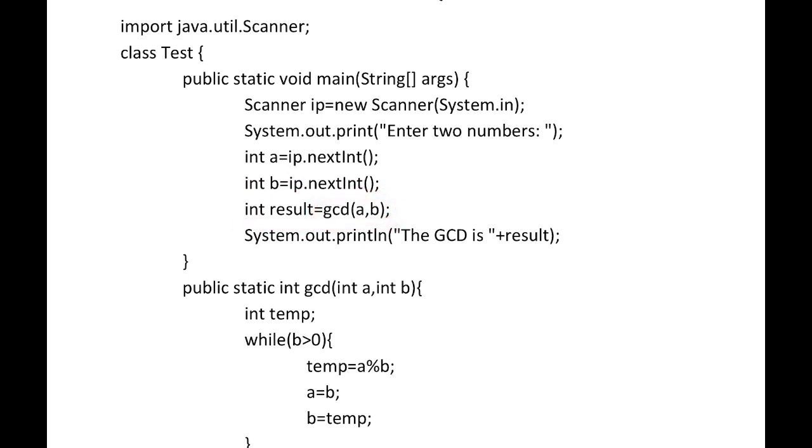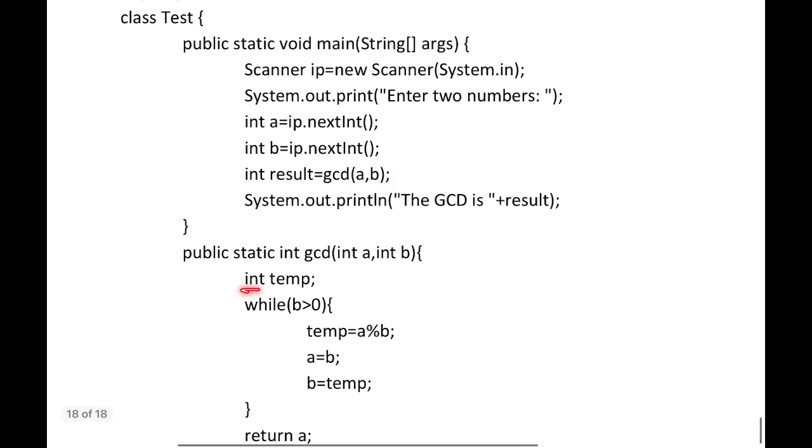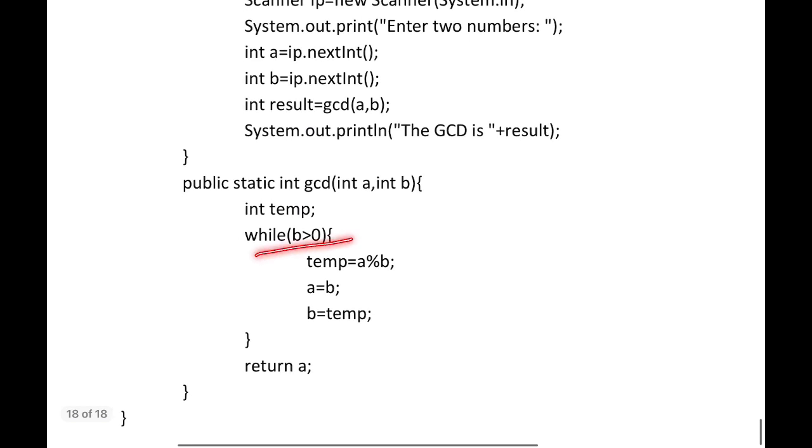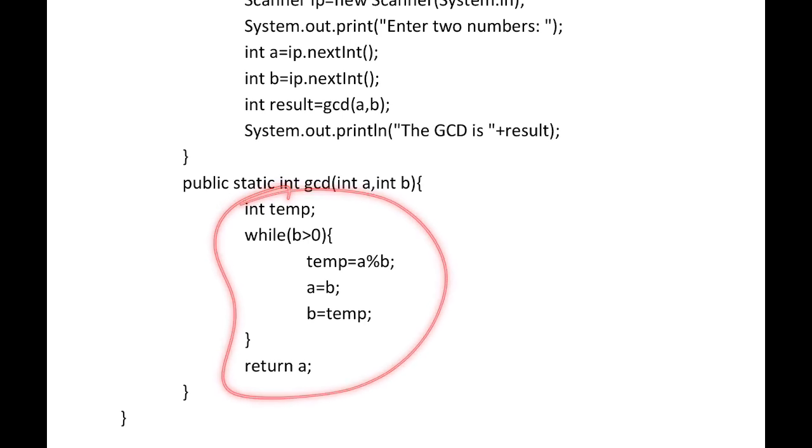When we call the method GCD(a, b), the control comes here, and the value of a is passed here, and the value of b is passed here. You can consider that this a and this b are copies of the original a and b. Now int temp, while b greater than 0, temp equal to a modulo b, a equal to b, b equal to temp. This we have already discussed.